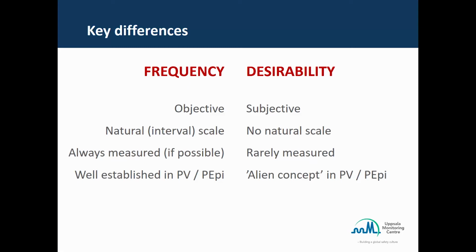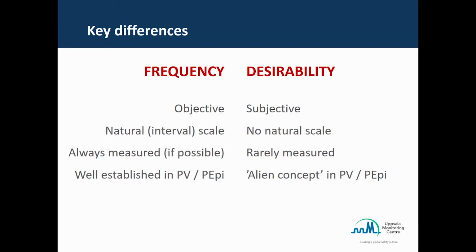On the whole, I would say that frequency is a very well-established concept in pharmacovigilance and pharmacoepidemiology, whereas desirability is more of an alien concept. Although, again, this might be slightly changing with time, hopefully.